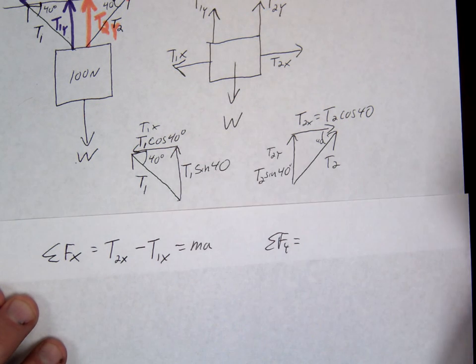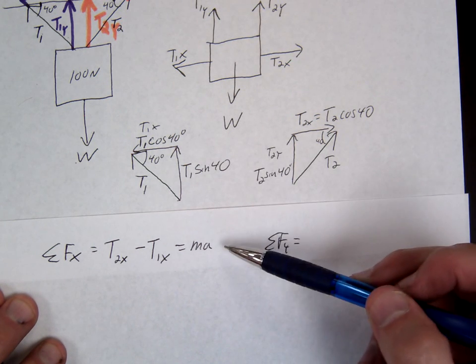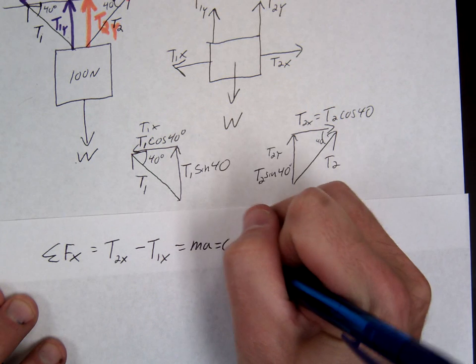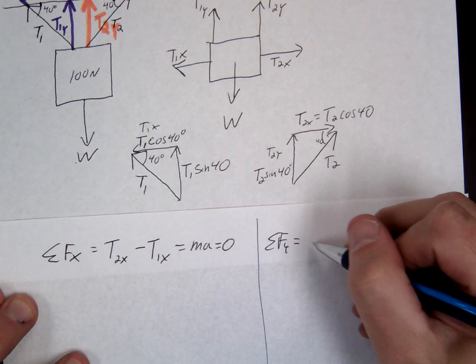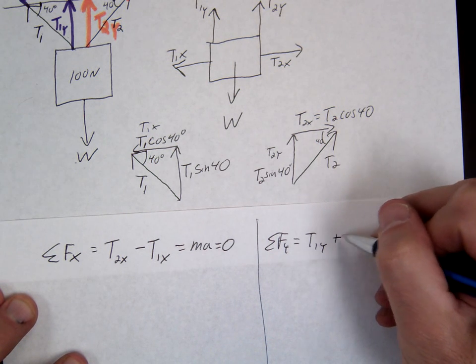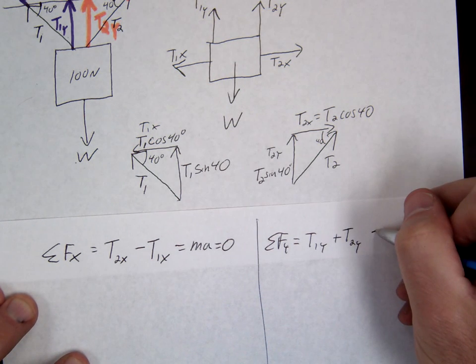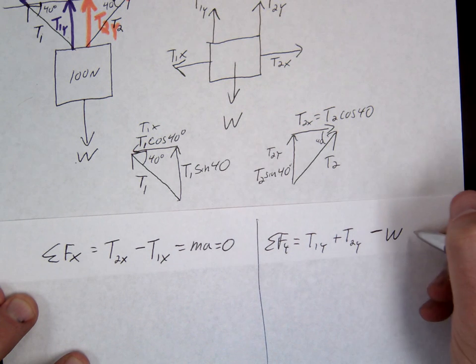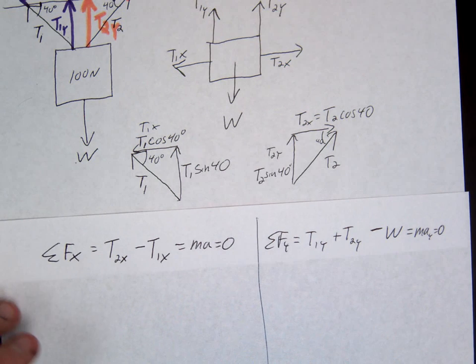Now equilibrium is actually easier than the problems we've been doing because what was A always going to be? It's always 0 for both sides. On the y side, we're going to have T1y plus T2y minus the weight equals MA, which is 0. Okay.